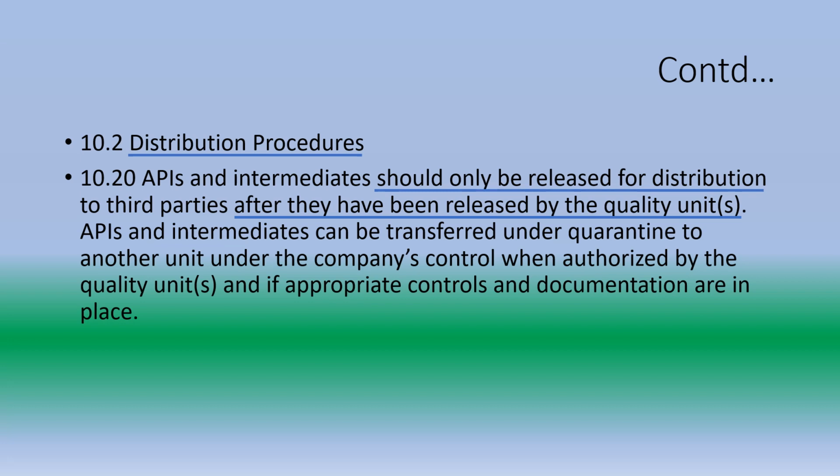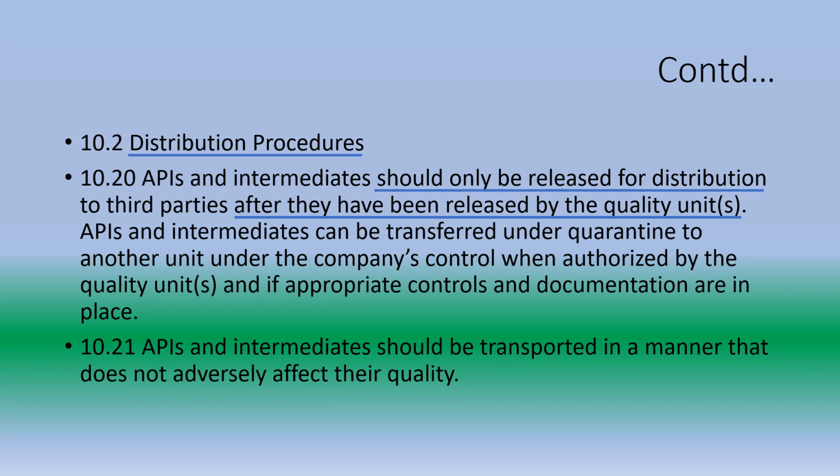However, there is a flexibility to transfer materials under quarantine to another unit of the same organization with additional controls and necessary objective evidence of controls through appropriate documentation. 10.21 prescribes APIs and intermediates should be transported in a manner that does not adversely affect their quality. Section 10.21 requirement is also similar to the 21 CFR Part 211 requirement.